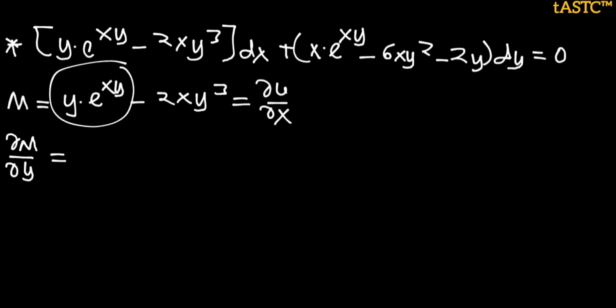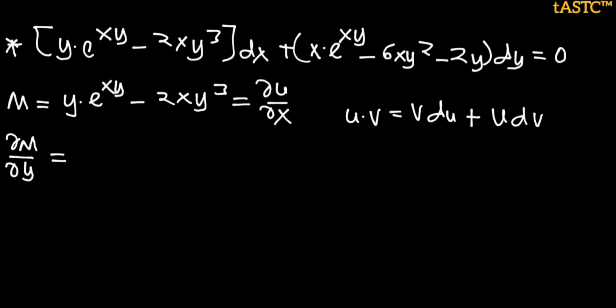So as usual, these are two different terms. So we know that uv, that will be equal to v du plus a u dv. So in this case, I'm going to call this u, and this is going to be v. Now v du, v, that is going to be e to the xy multiplied by du. That is the derivative of y with respect to y. That obviously is going to give us a 1. And we got u.